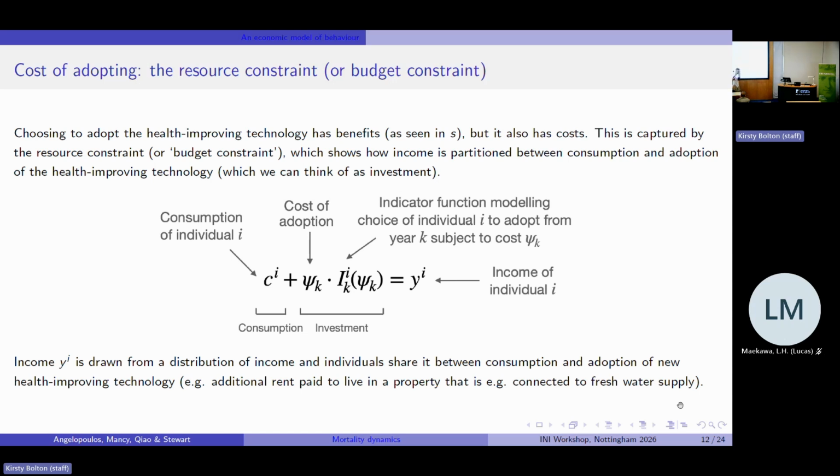So if I choose to adopt the technology, with the indicator function, I multiply that by the cost, that's the investment. So I partition my income between consumption and, if I adopt, the cost of adoption. And what might that represent? It might be the additional rent that you pay to live in a property that's connected to the fresh water supply, just to give an example.